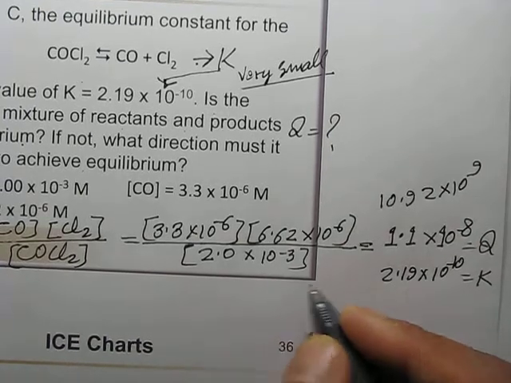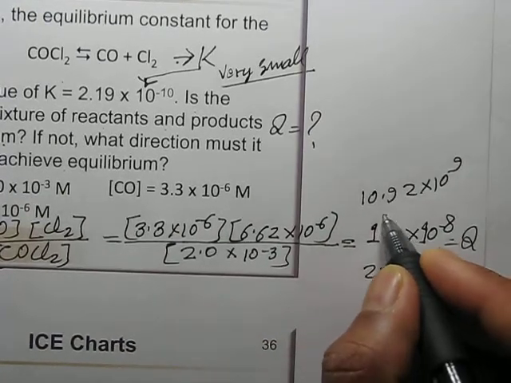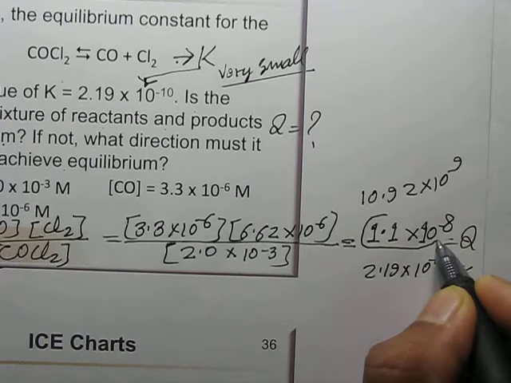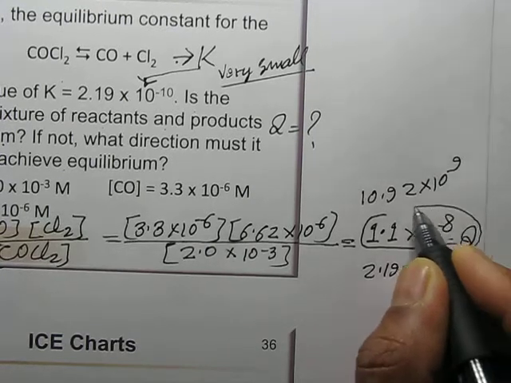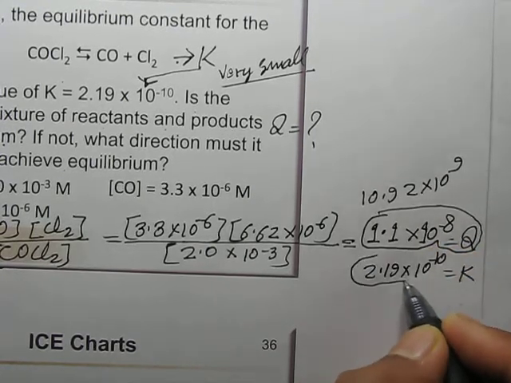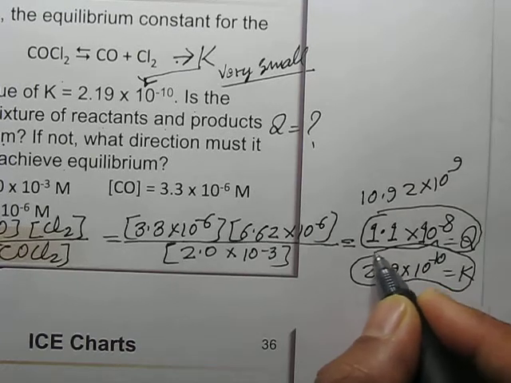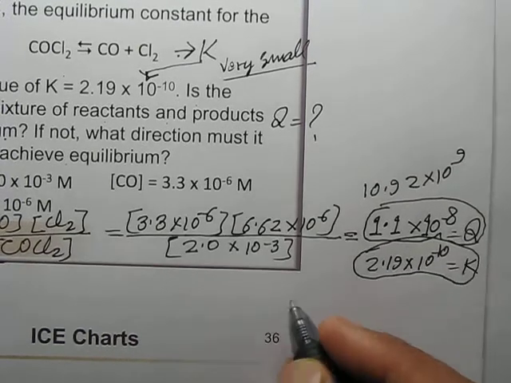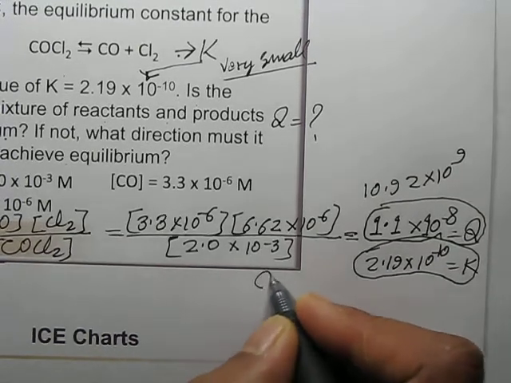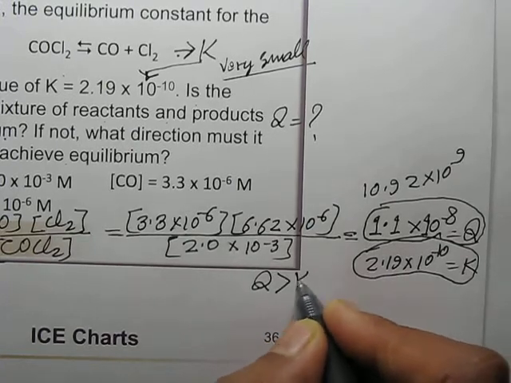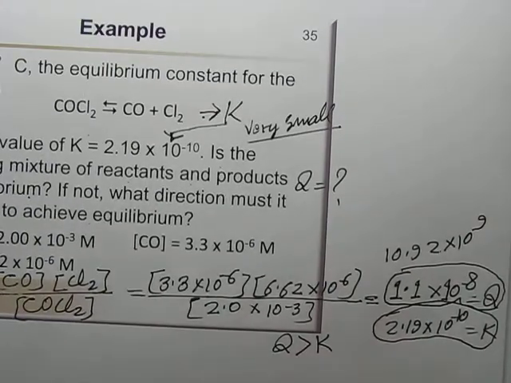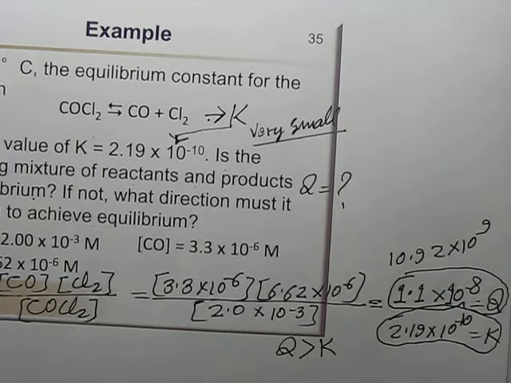So if you compare these two values, Q and K, K is smaller than Q, so Q is larger than K for this reaction.